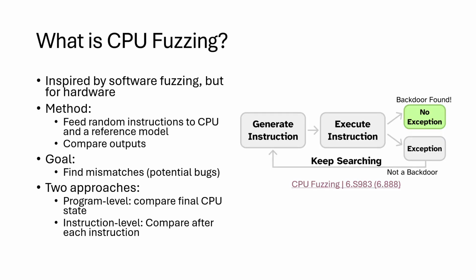Before we go any further, let's take a step back and quickly ask, what is CPU fuzzing? Well, CPU fuzzing is very similar to software fuzzing, where you have a program and you're throwing random inputs at the program to see if it crashes.